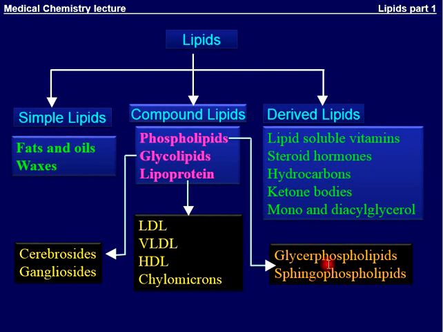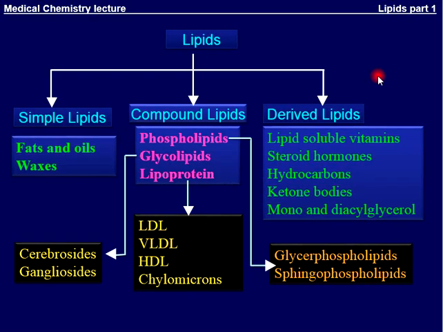If the other group is carbohydrate, we can get two compounds, cerebroside and ganglioside, depending on the kind and number of the carbohydrate units. Finally, if the other group is protein, we get lipoproteins: low density lipoprotein, very low density lipoprotein, high density lipoprotein, and chylomicrons.